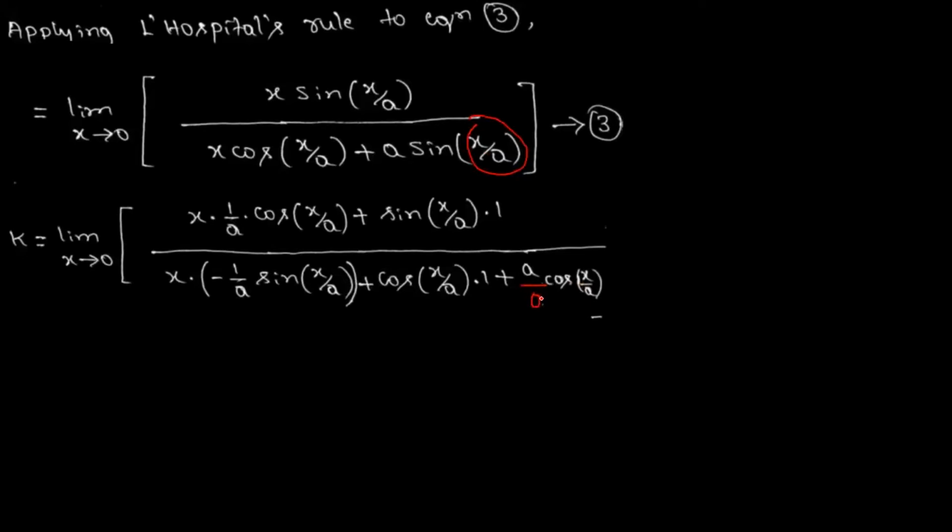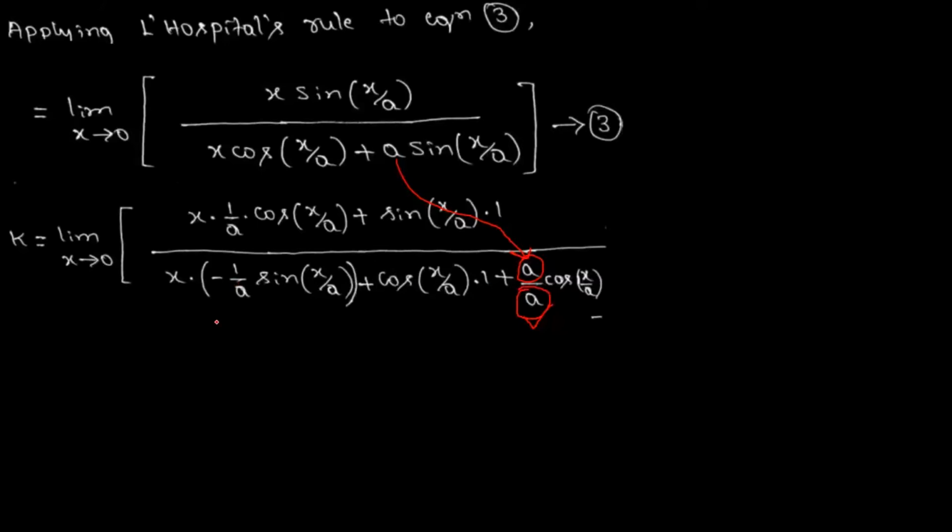This a here was a constant which we had taken from this, and this denominator has come from the chain rule as 1 by a.